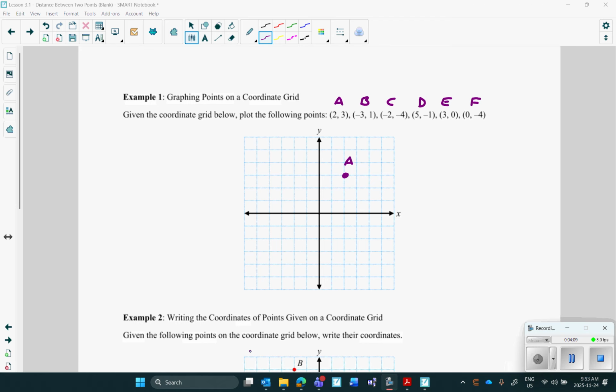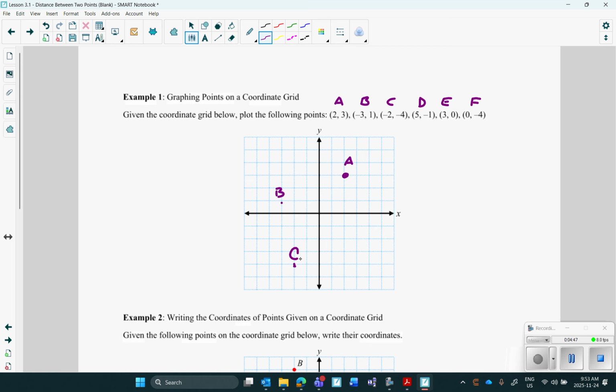Can I get a volunteer to show us where B is? And C? Yeah, after she's done. Good. Just label it B, capital B. All right, Zara. Pass it off to her. G? Yeah, good.